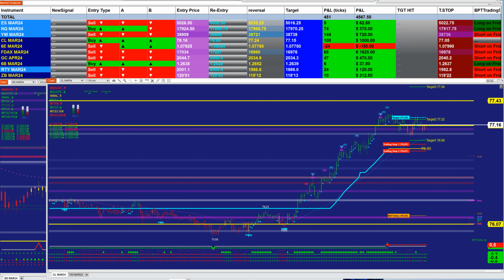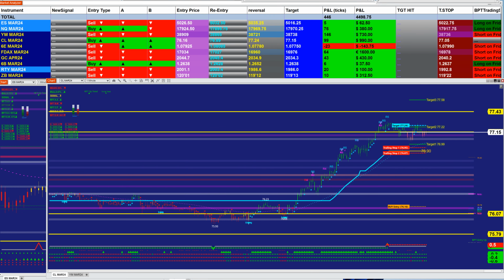Now, sometimes there is an exception in the market. Sometimes if the trend is very strong, target 3, the last target, we only have 3, which is usually for the afternoon session, can sometimes be achieved in the morning session, especially by NASDAQ, and then there is nothing left for the rest of the day.